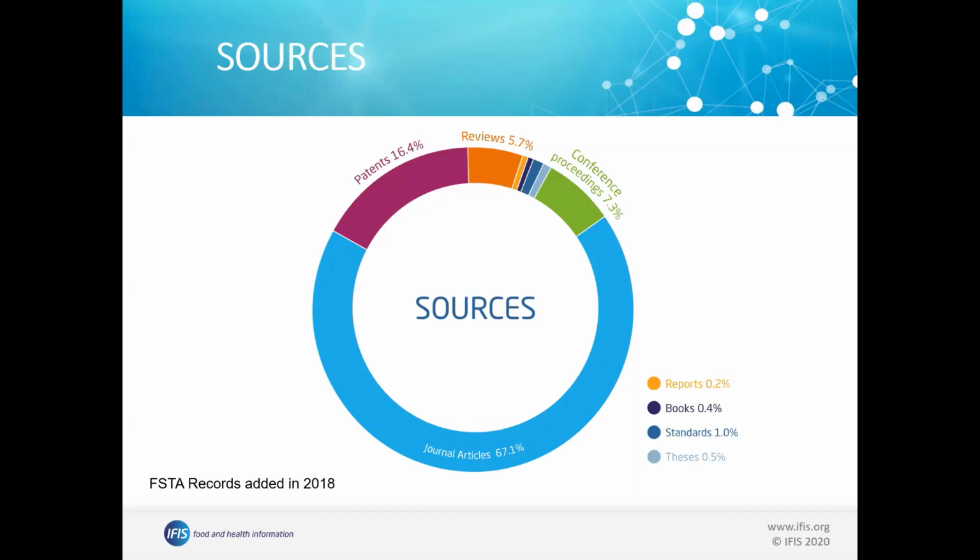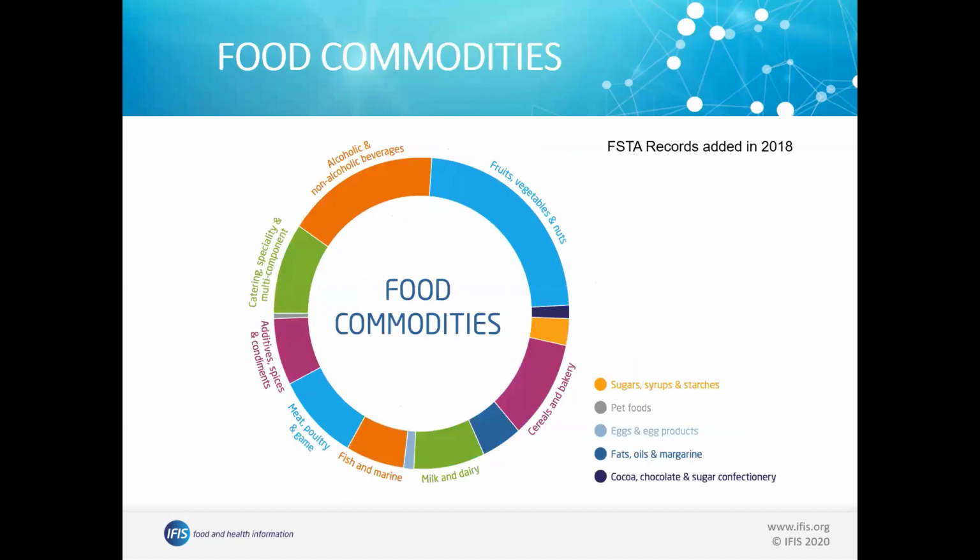But then we also have quite a number of patents in FSTA and also review articles and conference proceedings. And you can see we also have some reports, some books, and a few theses. And so all of this is devoted to food science information.